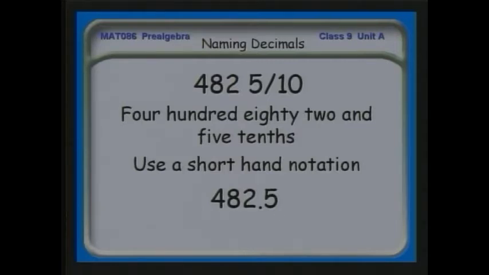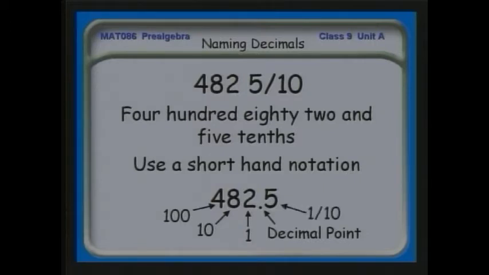Let's extend this idea. We have 100, 10, 1, the decimal point, which tells us where we stop counting things greater than 1, where we start counting things less than 1, and that's going to be 1/10.